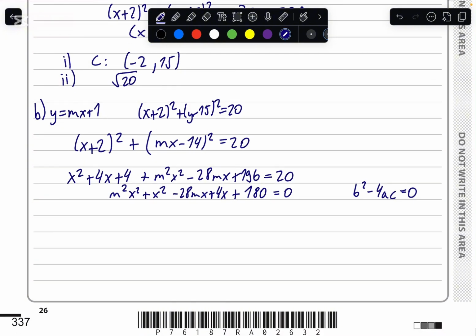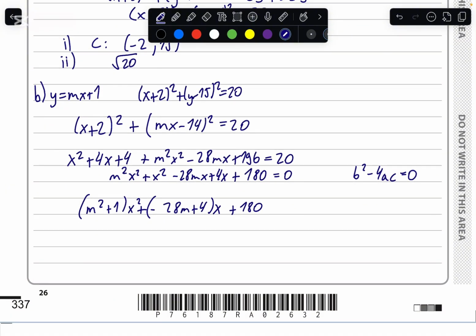So now we just have to find the coefficients in front of x squared and in front of x, since we know the coefficient for c. So in this case, it will be m squared plus 1 times x squared minus 28m plus 4 x plus 180.